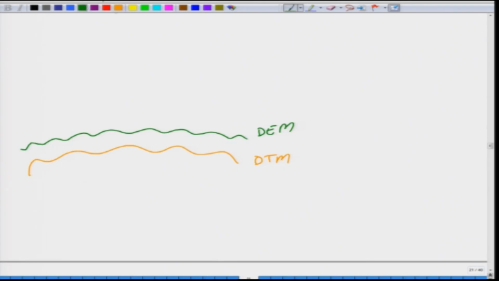And if you subtract DTM from DEM, you will get this location, which will give you the heights of the canopy at different positions. So, this is giving you the digital canopy height model. This is equal to DEM minus DTM.